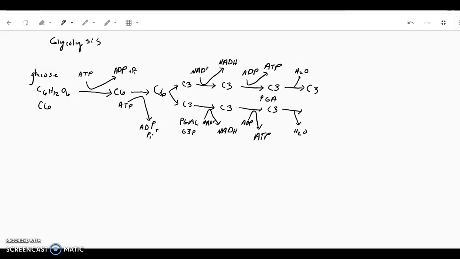We still have a C3 molecule here as we're rearranging for each side. We're going to get more energy out and stick that energy into ATP. So stick a phosphate on, store that energy away in that bond.